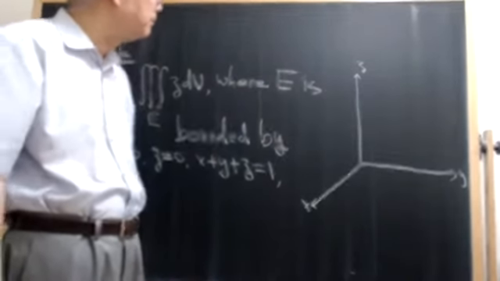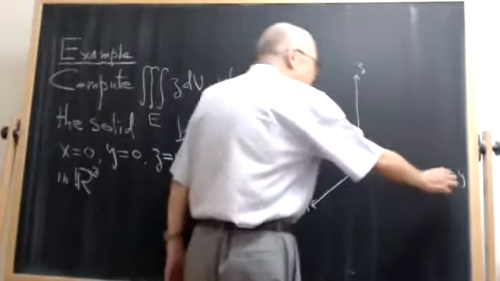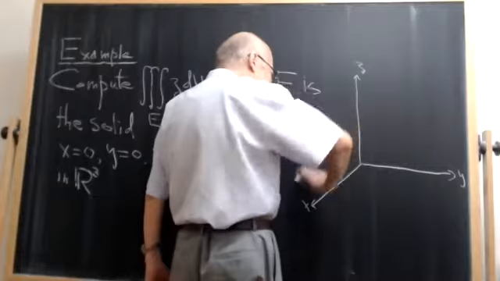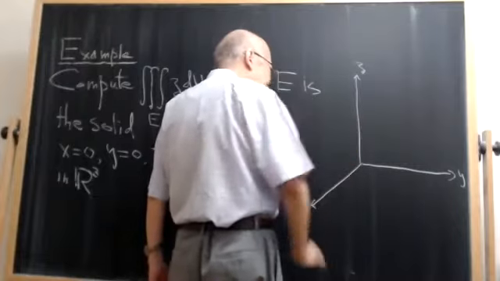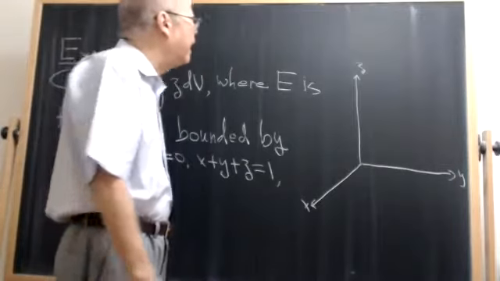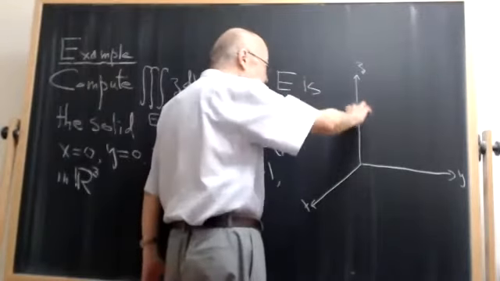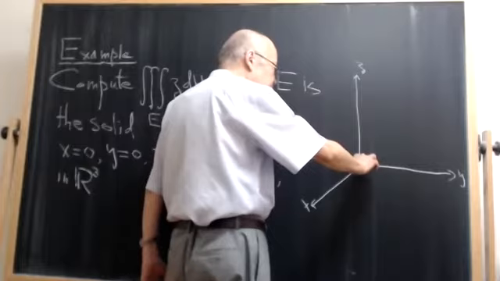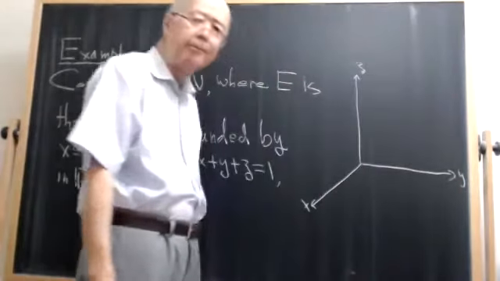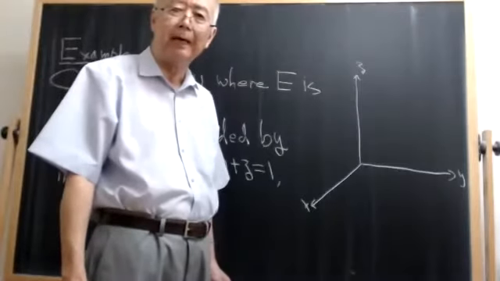When y is equal to 0, we get the x-z plane. And when z is equal to 0, we only get the xy plane.